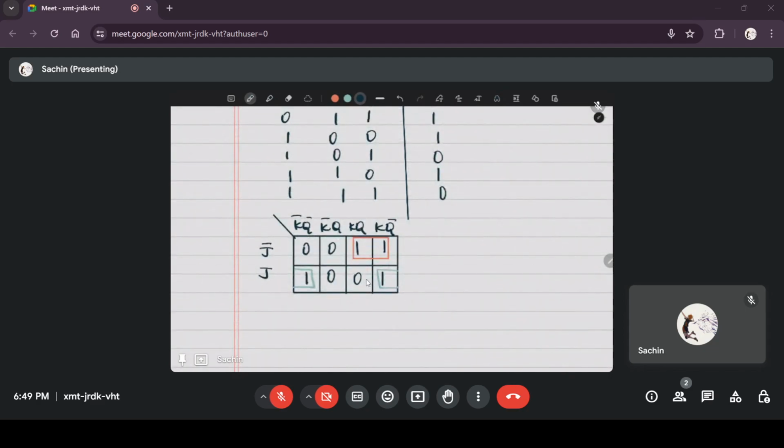This will give you Q of t plus 1 is equal to J bar K plus J Q bar.